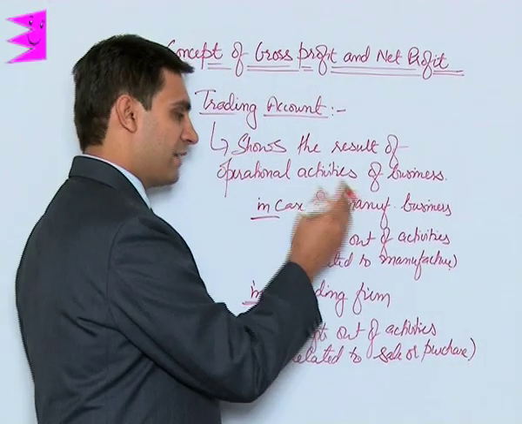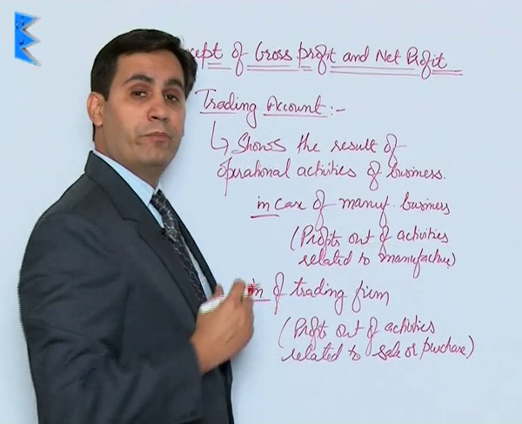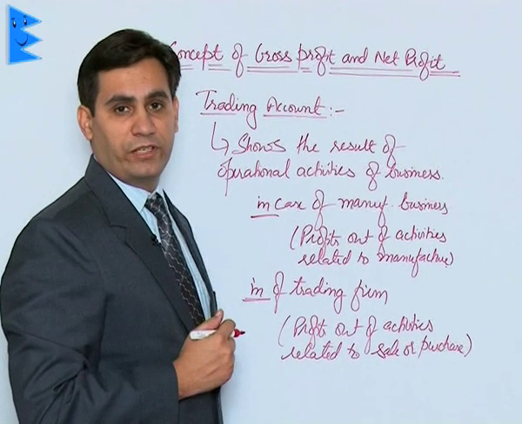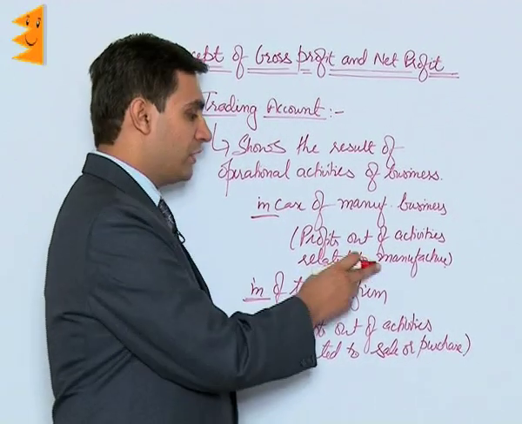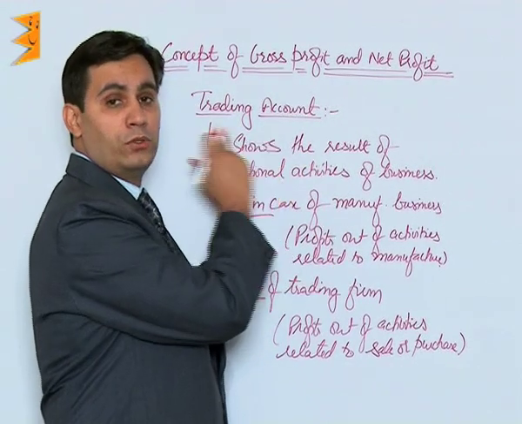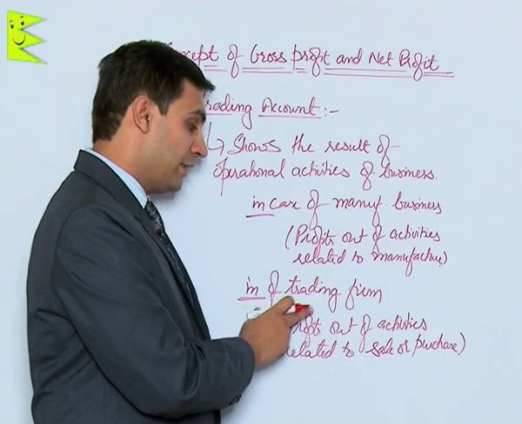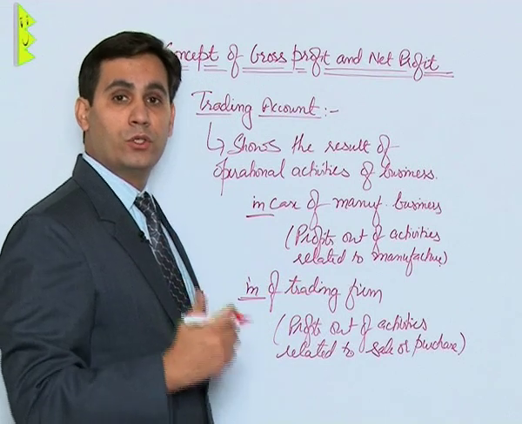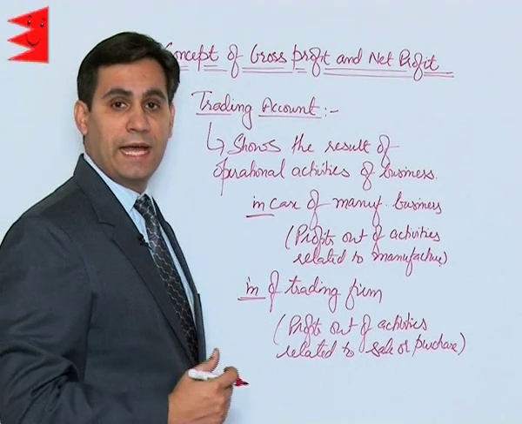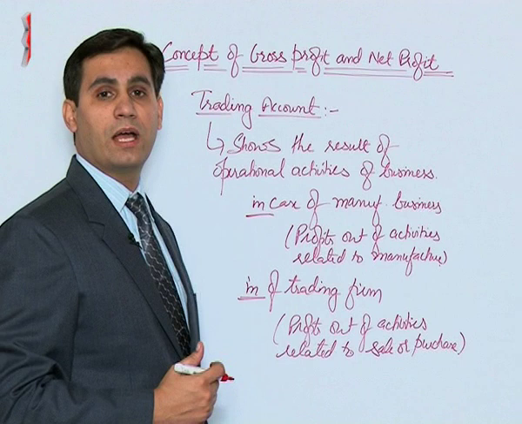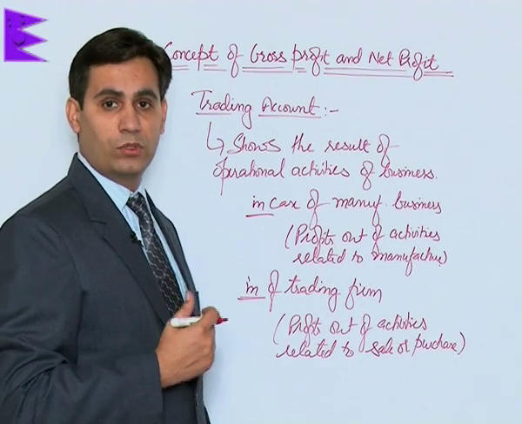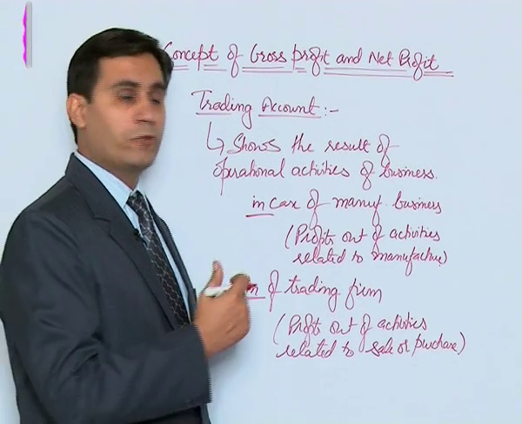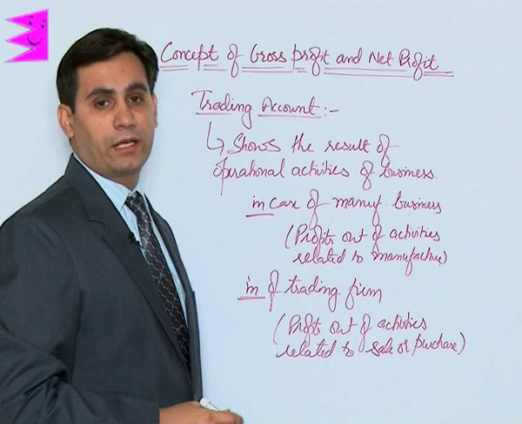Since in case of manufacturing business, the activity of manufacturing goods is your primary activity, the result of this activity would be calculated through trading account. And in case you are a trading firm, that is, you deal in sale or purchase of goods, in that case, the profits and losses that you have made during the year out of this activity of sale and purchase would be calculated through trading account.